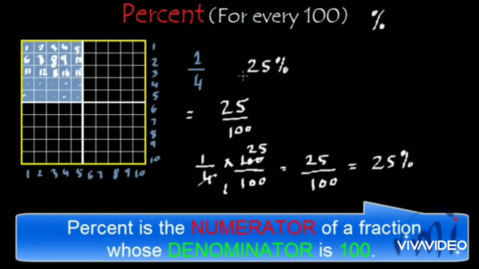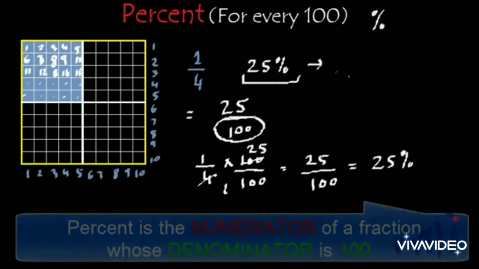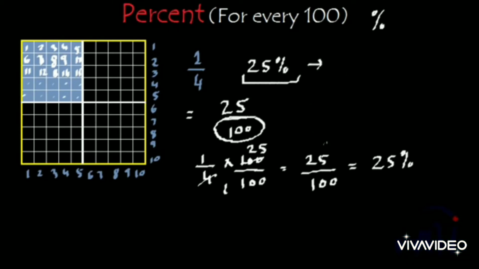So now from here we can get that if we take things as a fraction, we take the numerator and denominator. But in the case of a percentage, we only talk about the numerator part. It is written like 25 upon 100, so we can easily write the numerator part as 25%, as you can see.